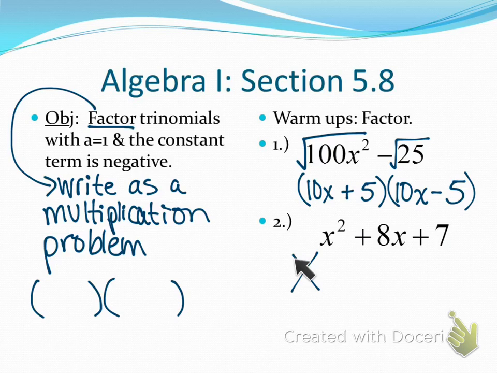What did I put in the top of my X? The 7. The constant goes in the top. So the constant's the number on the end that does not have a variable. What went in the bottom? 8. The coefficient from the middle term goes in the bottom. So I need two numbers that multiply to 7 and add up to 8.